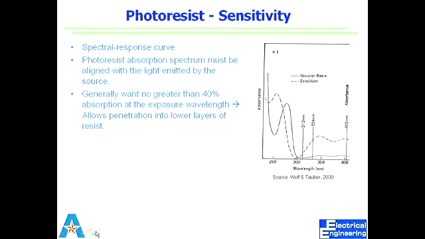It's not just how many photons we can absorb and use to do useful work, it's the wavelength as well. Of course, we want our resist to undergo chemical changes at the wavelength that we have, right? Have you ever heard the word monochromatic light?